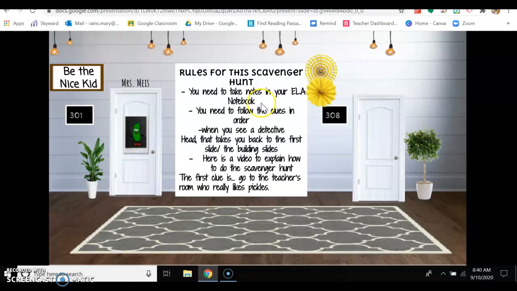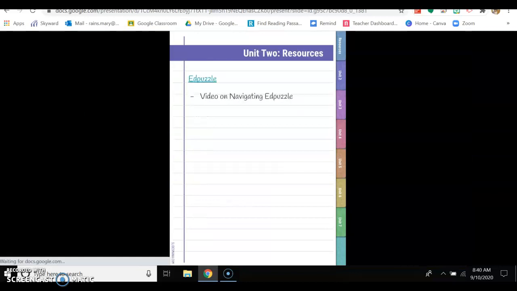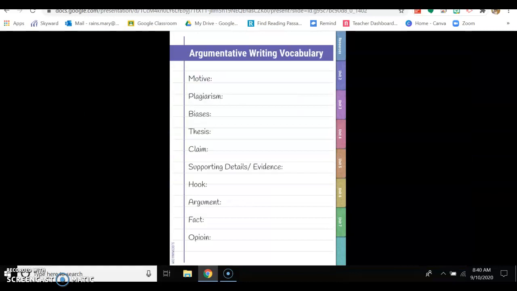So the first rule that's listed on the first page is that you need to take notes in your ELA notebook. So you were given a notebook that looks something like this for Unit 2. Unit 2 is argumentative writing. You were given pages that include the terms that you need to find throughout this scavenger hunt. So once you find that term, then you can copy and paste it, or you can type it right in your notebook.